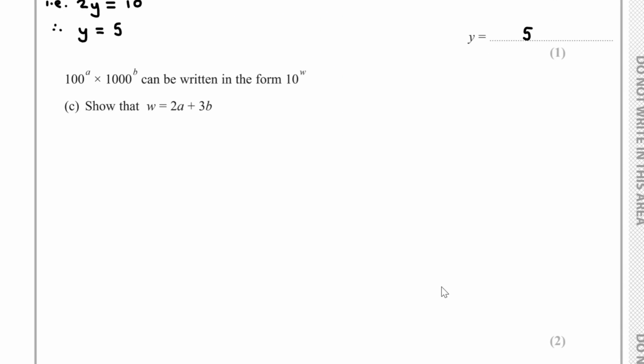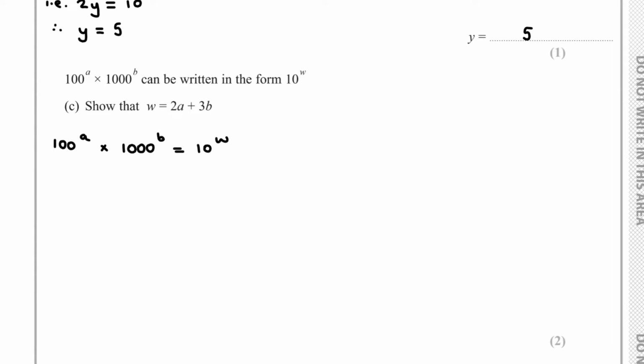And now for part C, we've got 100 to the power of a times 1000 to the power of b, which can be written in the form 10 to the power of w, and we have to show that w equals 2a plus 3b. Well, over here, we've got 100 to the power of a times 1000 to the power of b equals 10 to the power of w.